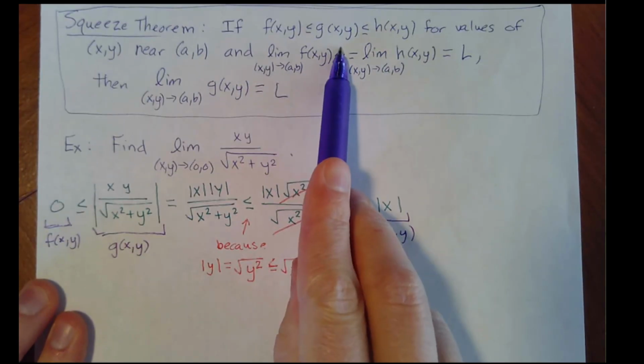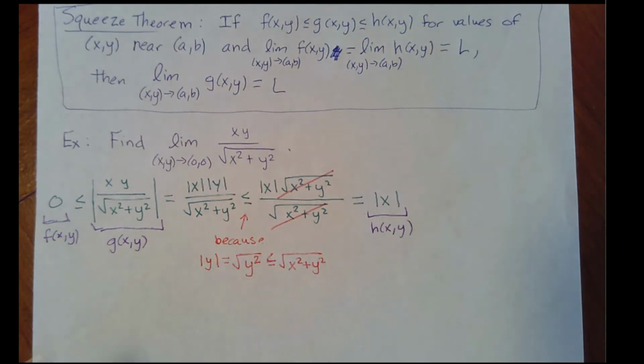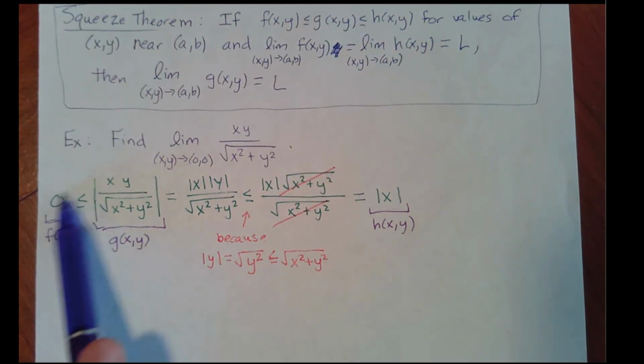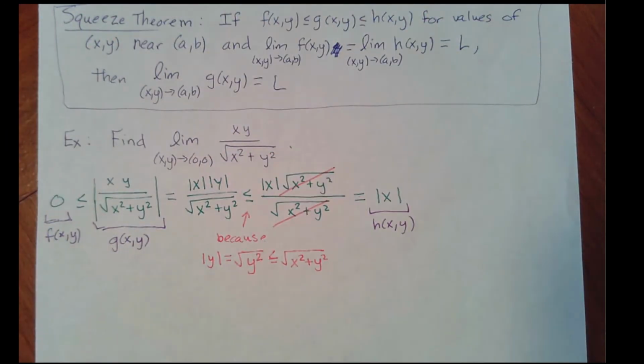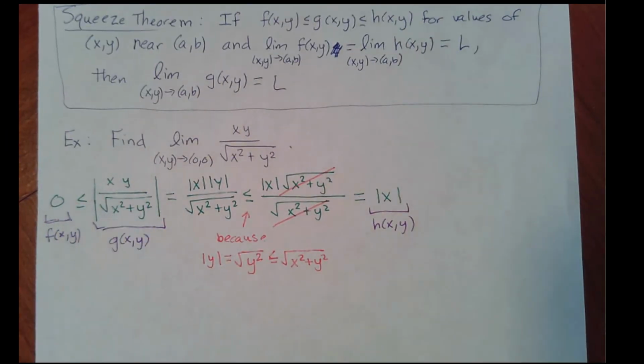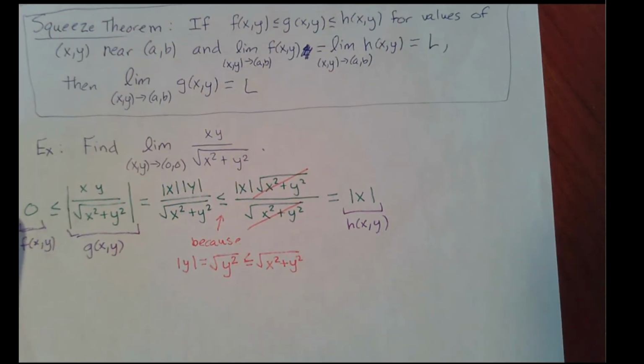So I have one function that's between two others. Imagine if we graph these functions in three dimensions. If we look up and down the z-axis, this would be the bottommost function, the horizontal plane, the xy plane, where z is 0. This would be somewhere above the xy plane, and this function here would be further above that.